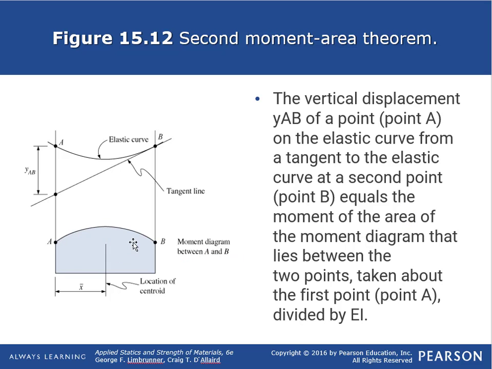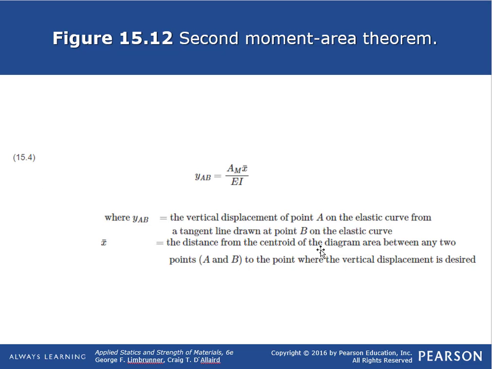A sub m is the area of the moment curve between points A and B, and x bar is the location of the centroid of that area from A. So that's the distance from the centroid of the diagram between any two points A and B to the point where the vertical displacement is desired. So that's the second moment area theorem. We're going to be talking about some of these examples in example 2, because that's really how I go about showing you how these things work.